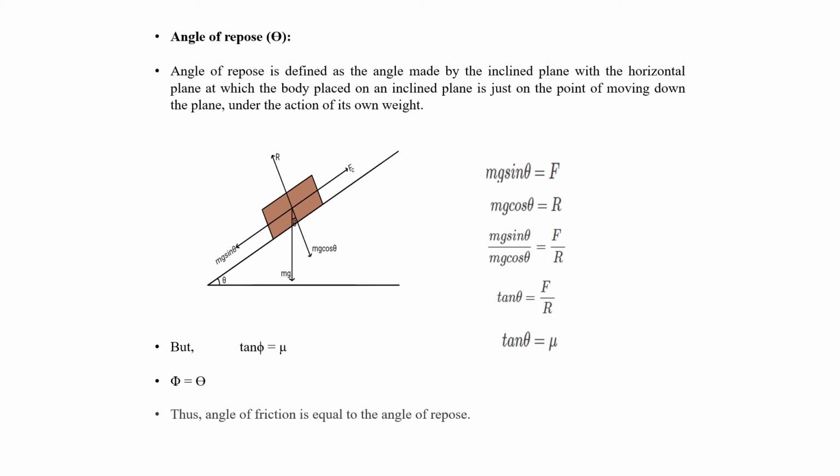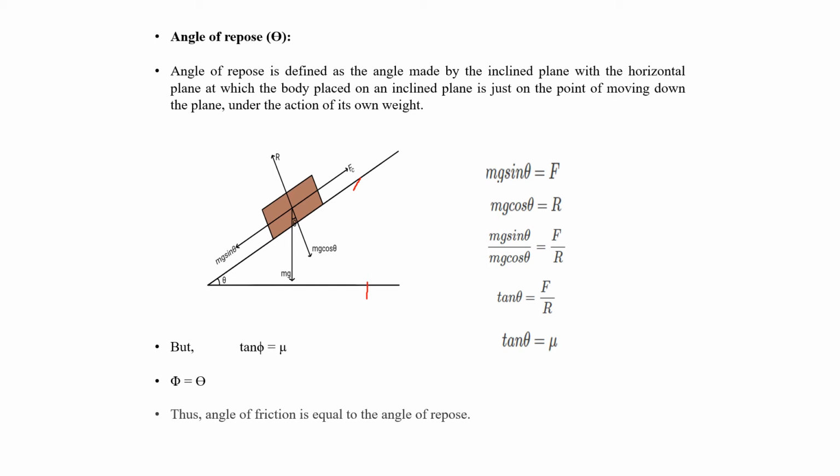It is very simple: the angle made by this inclined plane with this horizontal plane, at the condition where the body placed on the inclined plane is just on the point of moving down the plane under the action of its own weight.